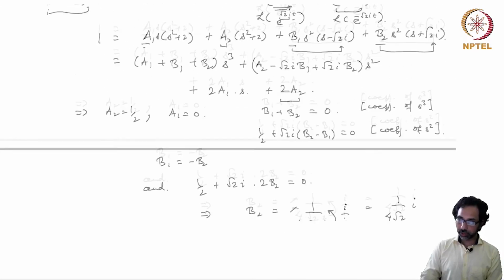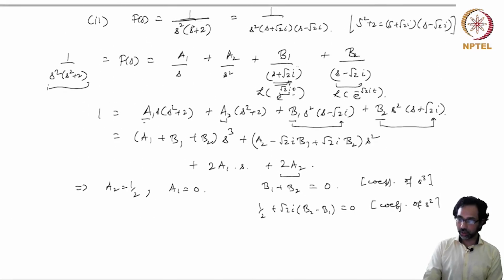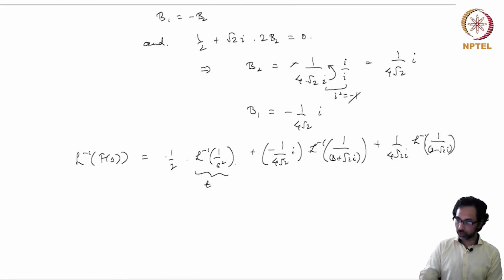So let me just check whether this is the same thing I took here. So b1 has s plus root 2i, and b2 has s minus root 2i. So this is what we have written here.